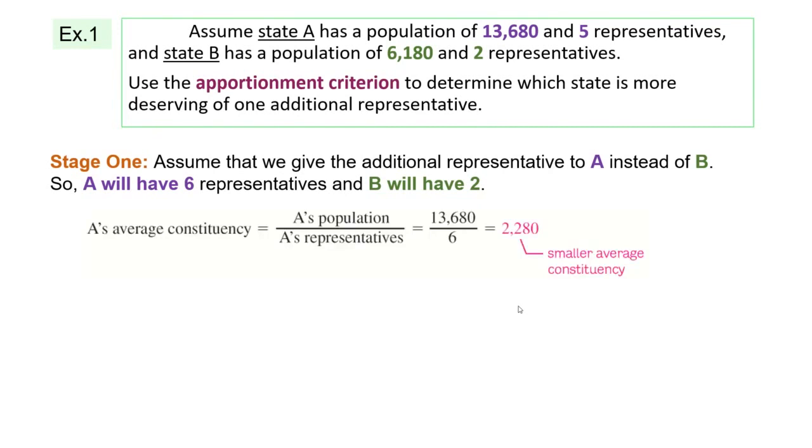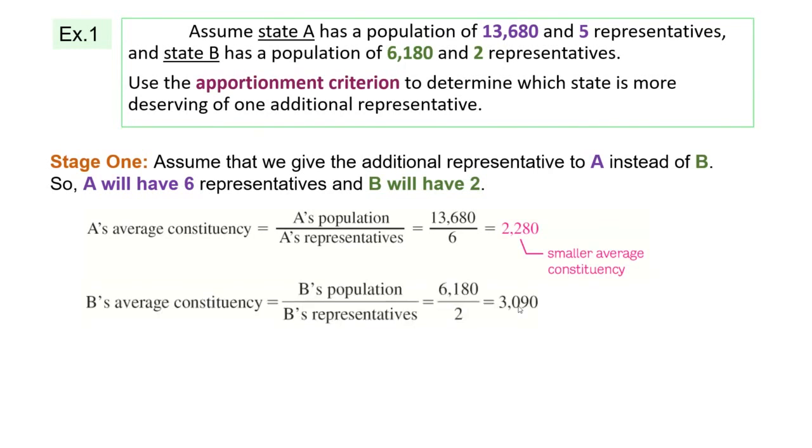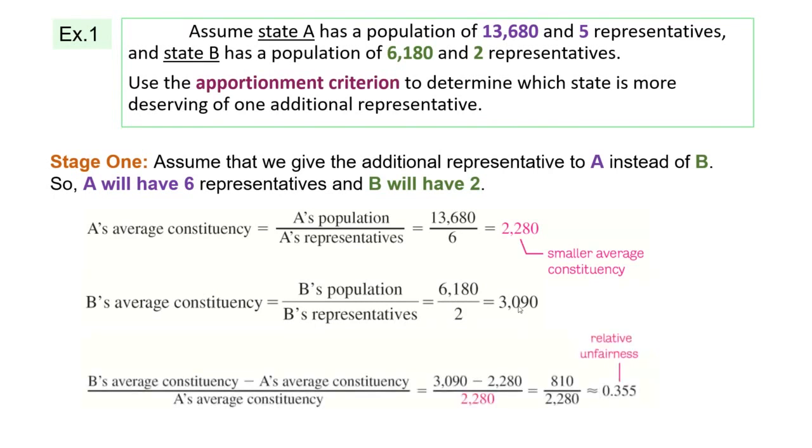Okay, we find the average constituency. A's average constituency, B's average constituency. So A's constituency is small. It means that B is now more poorly represented. It's of course because A got an extra representative. And we find the relative unfairness, which is 0.355.